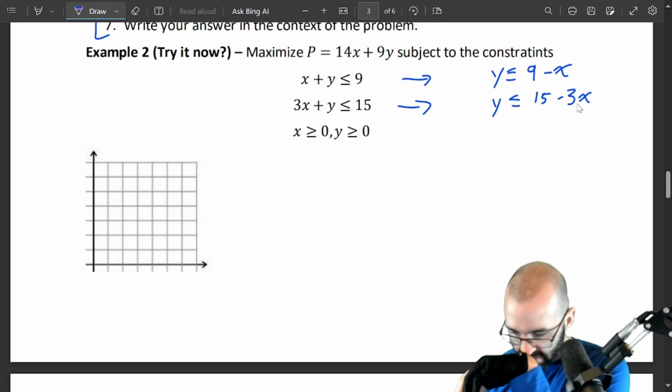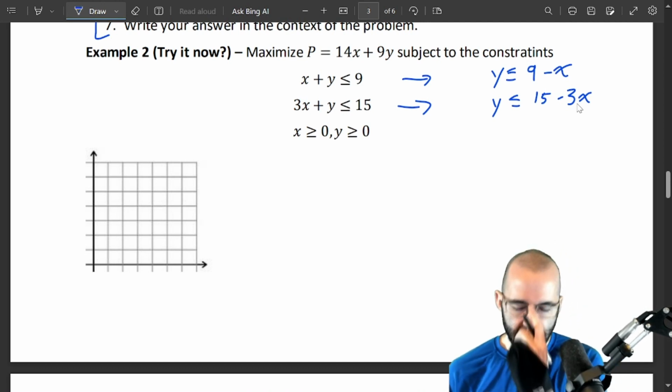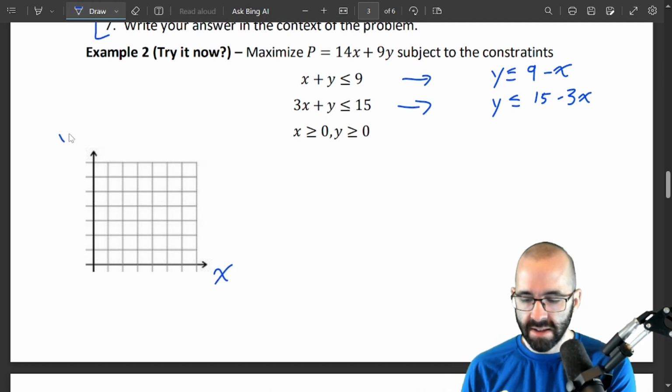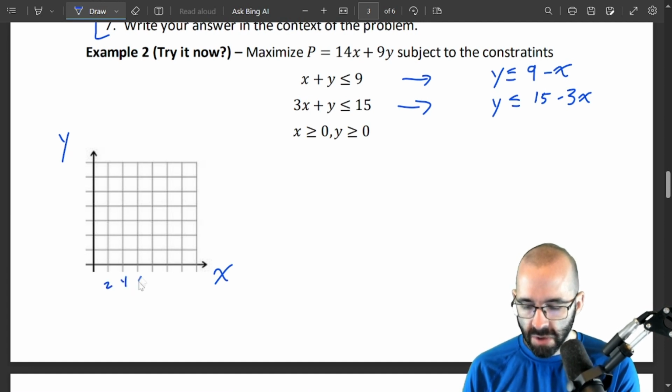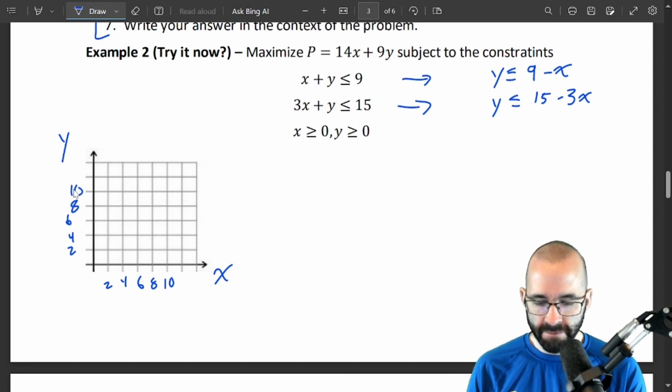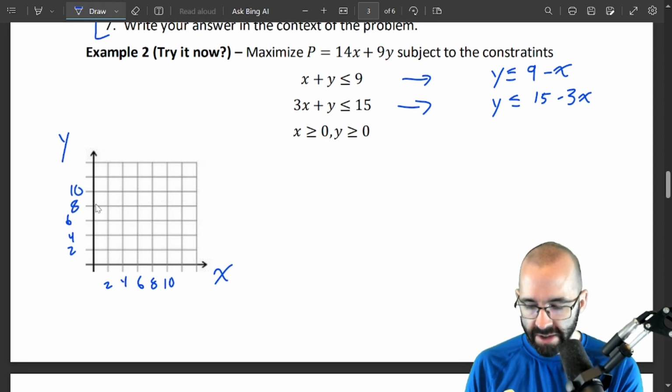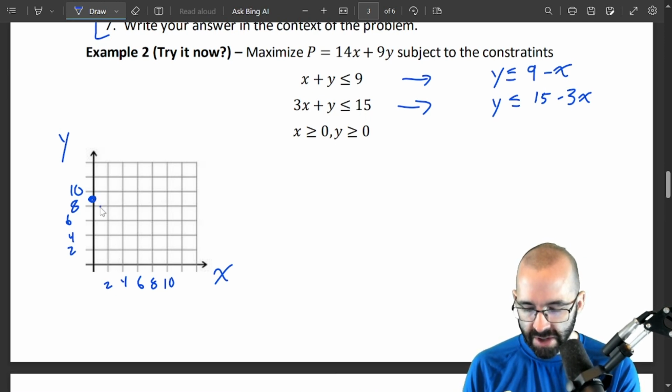So I'm going to count by 2's here. This is our x-axis, this is our y-axis. 2, 4, 6, 8, 10. 2, 4, 6, 8, 10. So the first one has a y-intercept of 9 and a slope of -1. It goes down 1, right 1, down 1, right 1.